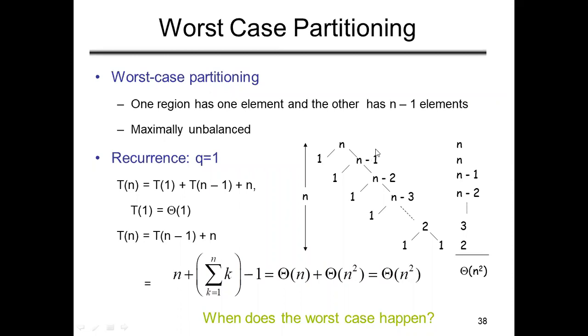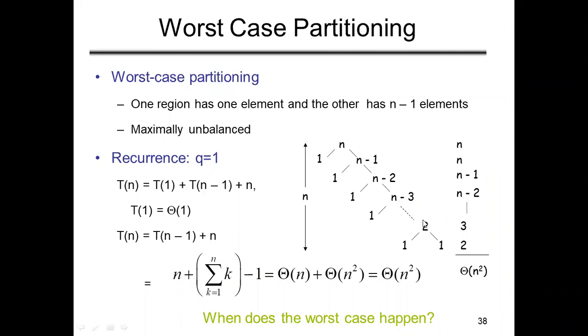Again, in the n minus 1, since the quicksort is applied on the sorted order elements, we get 1 and n minus 2, again a single element, and the remaining part is n minus 3 elements. In n minus 3 elements, one element is a single subarray, and the remaining elements are n minus 4. Like this, you can continue.